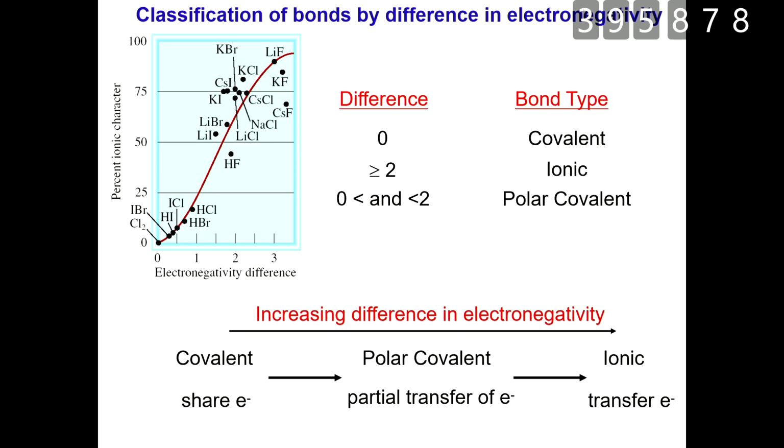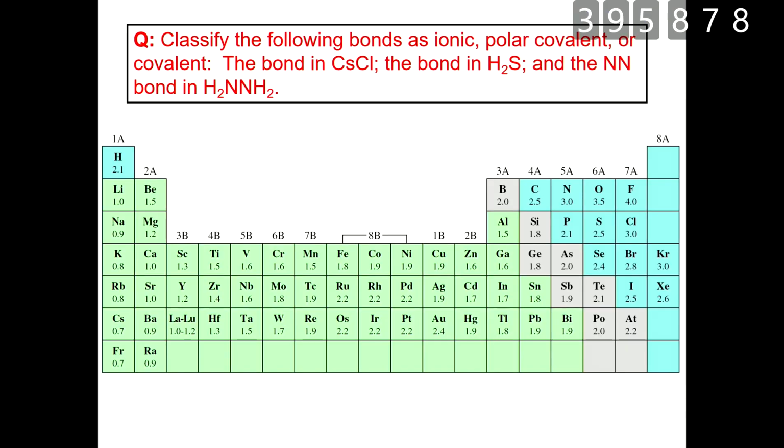Okay, now we know how to determine the bond types according to the difference in electronegativity. Question. Classify the following bonds as ionic, polar covalent, or covalent.